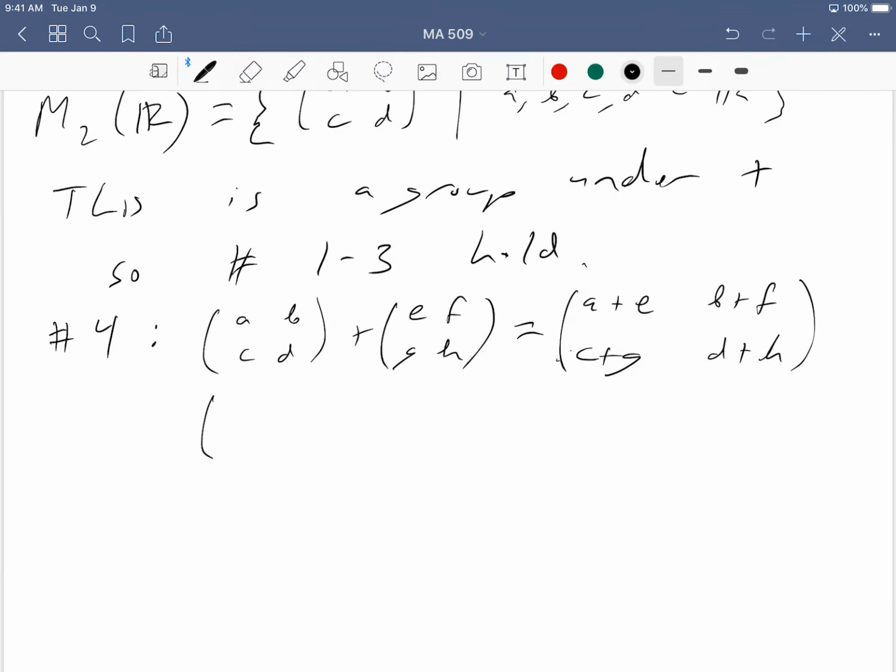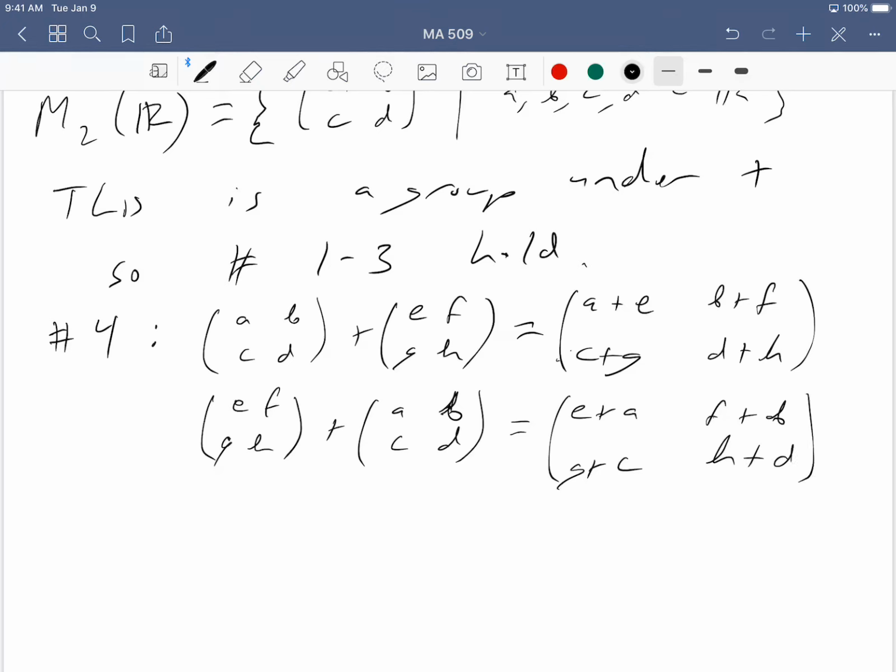And if I instead add in the other order, [E, F; G, H] plus [A, B; C, D], what I get here is E plus A, and F plus B, and G plus C, and H plus D, right?